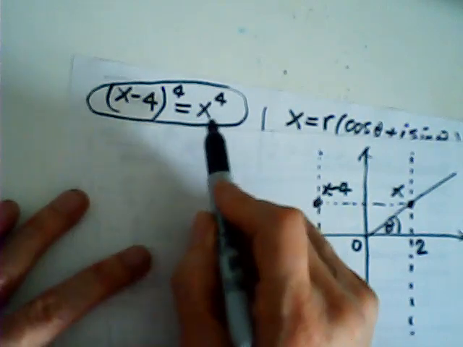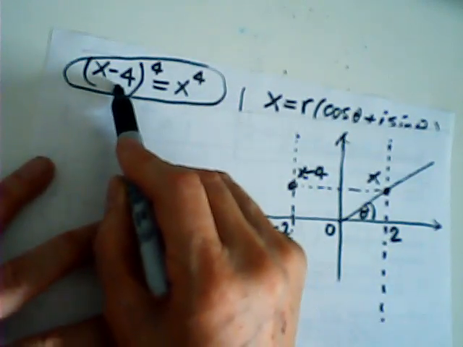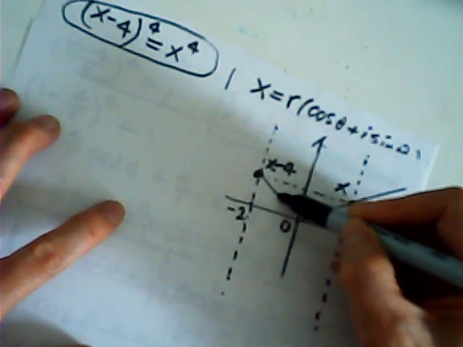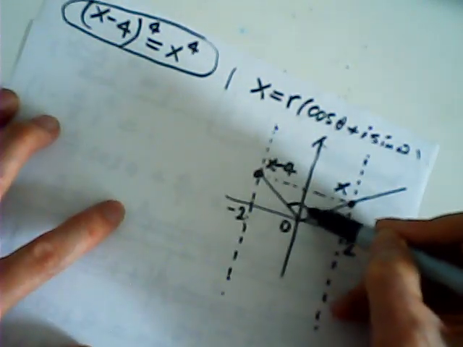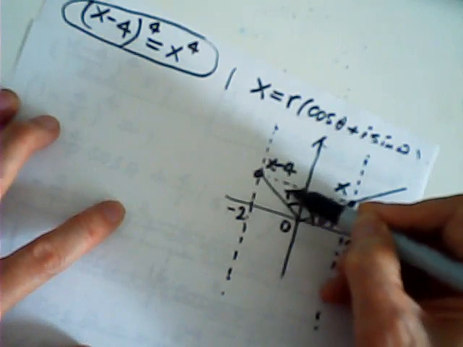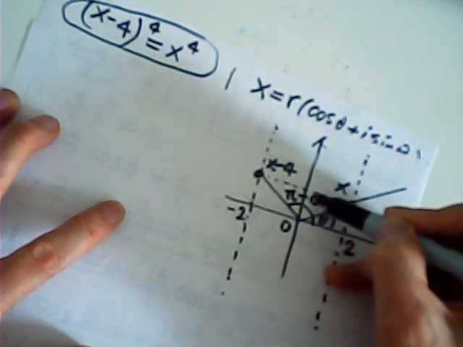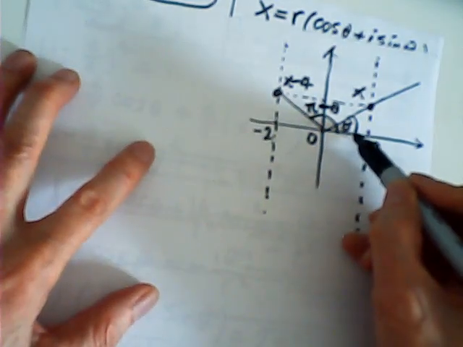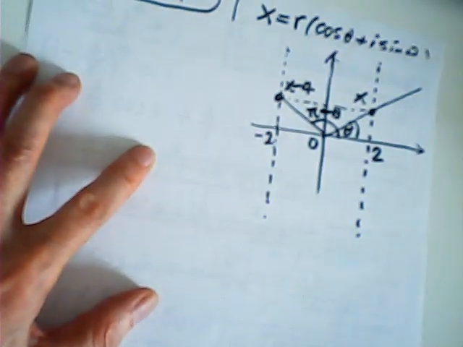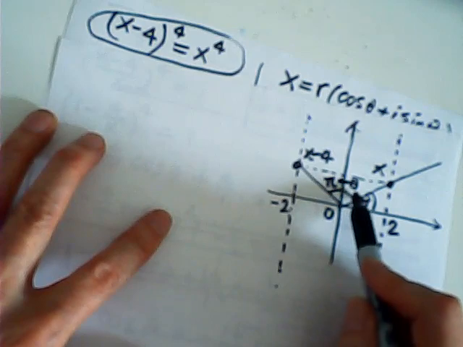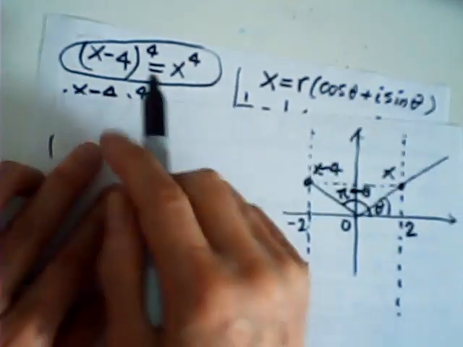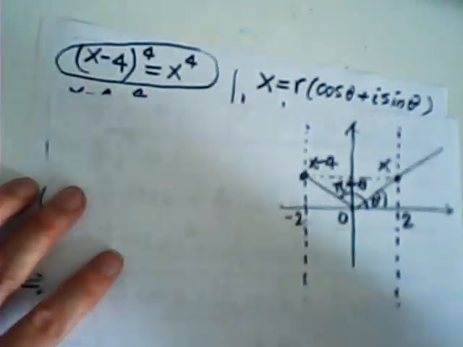Now, what is this argument? That is this angle, right? This is pi minus theta. This is theta. Theta is the argument of x. Pi minus theta is the argument of x minus 4.